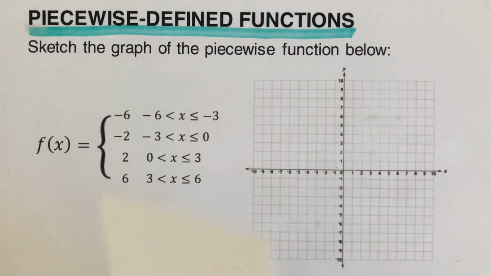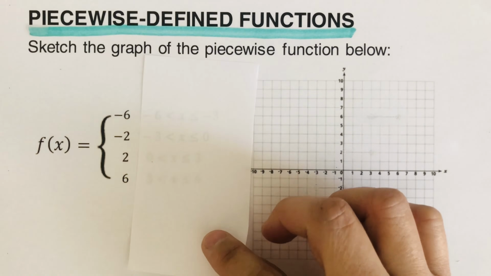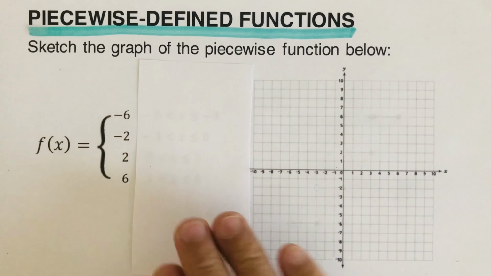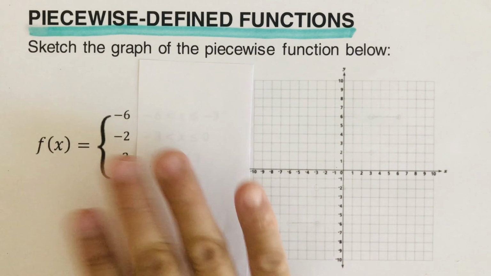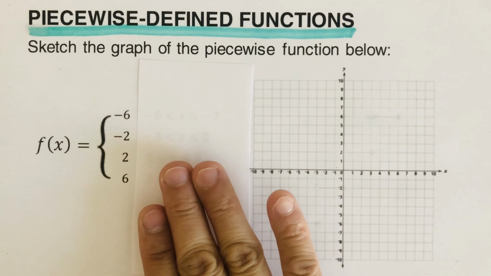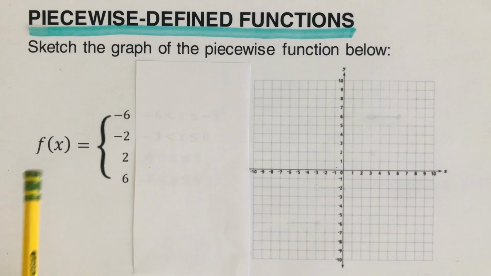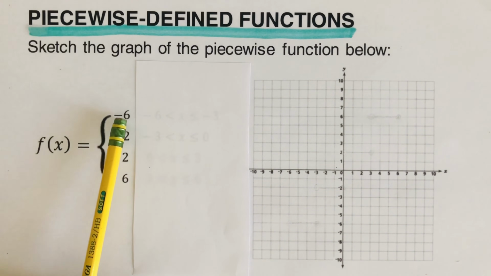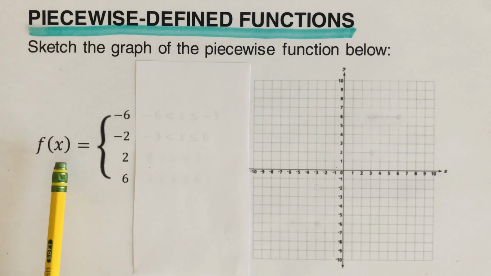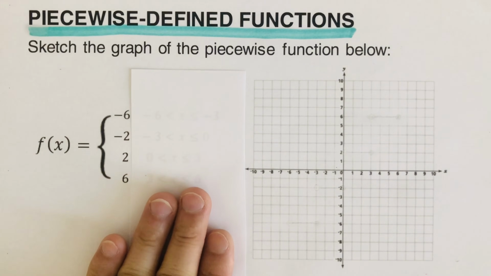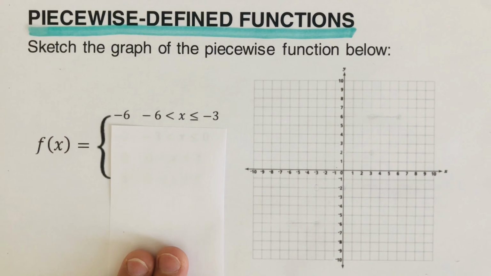If I were to cover this part, this is actually the equations that make up this piecewise function. So f of x is equal to -6, f of x is equal to -2, f of x is equal to 2, and f of x is equal to 6. After it, these are actually their conditions.